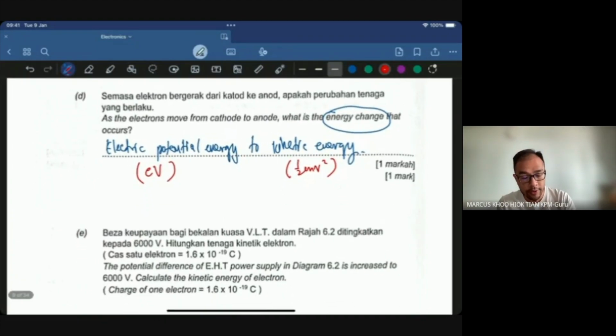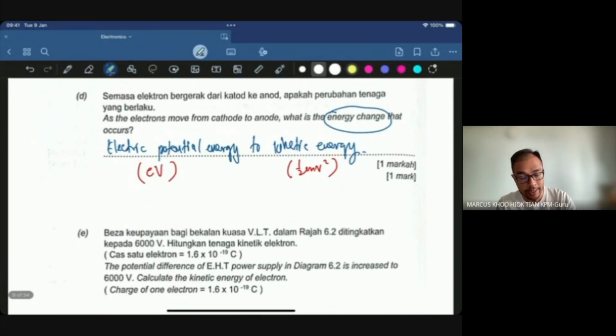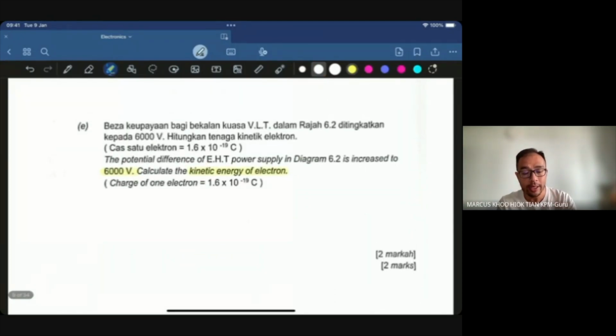The potential difference of the EHT power supply is increased to 6,000 volts. Calculate the kinetic energy of the electron. I think it's very interesting that they don't give you anything else. If you want to calculate kinetic energy, then you use 1/2 mv squared.